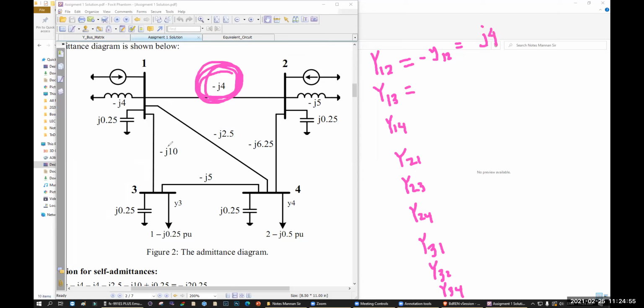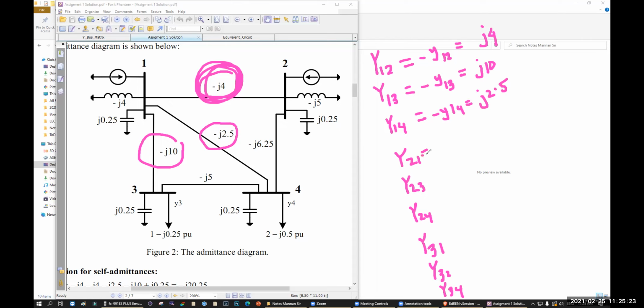Y13, 1, 2, 3. This one, right? Yes, sir. Minus Y13. How much? J10. 1, 4 is this one. Minus. Understood, everyone?